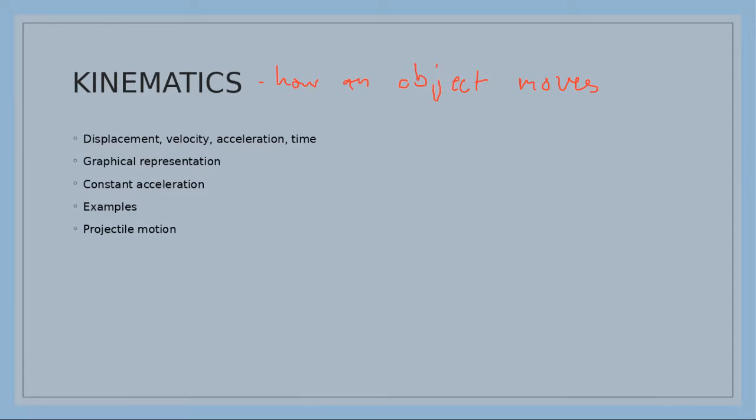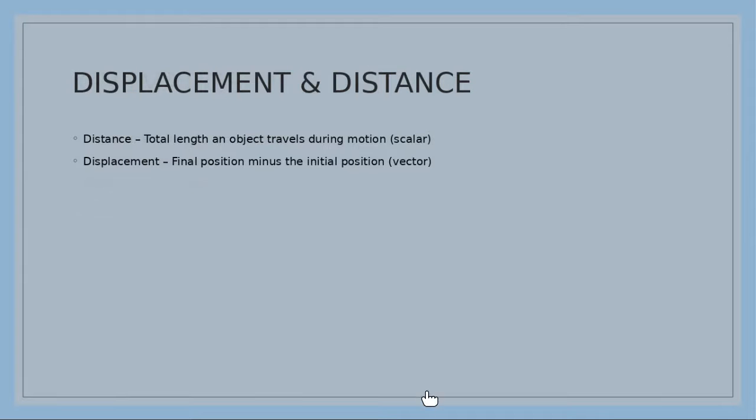Then I'm going to get into a little bit of the graphical representation of velocity, acceleration, and time. Then I'm going to get into some examples with constant acceleration, and then I'm going to end it up with projectile motion. And I don't know why my slides keep slipping from one slide to the next.